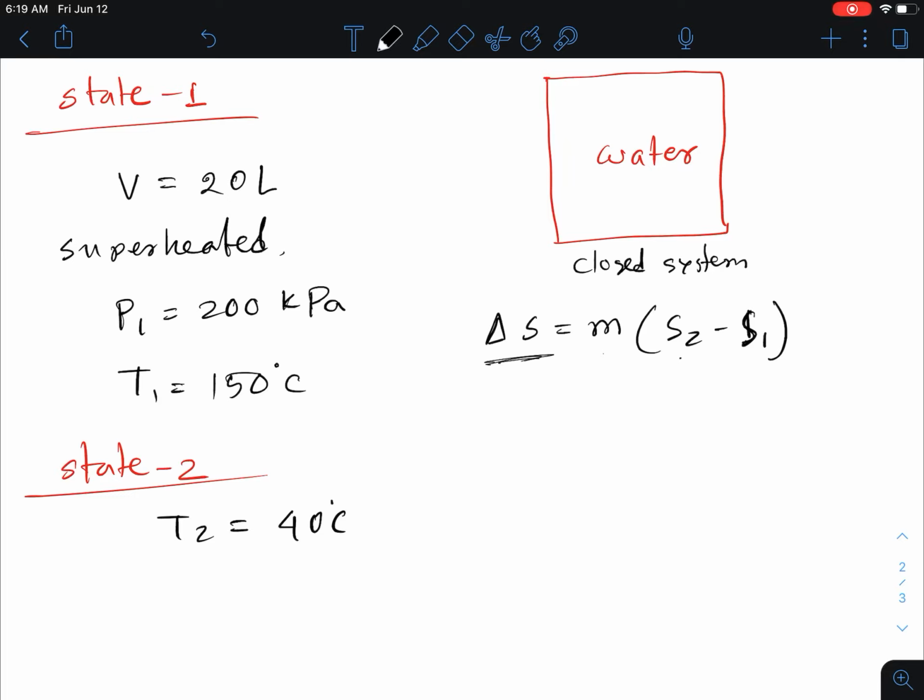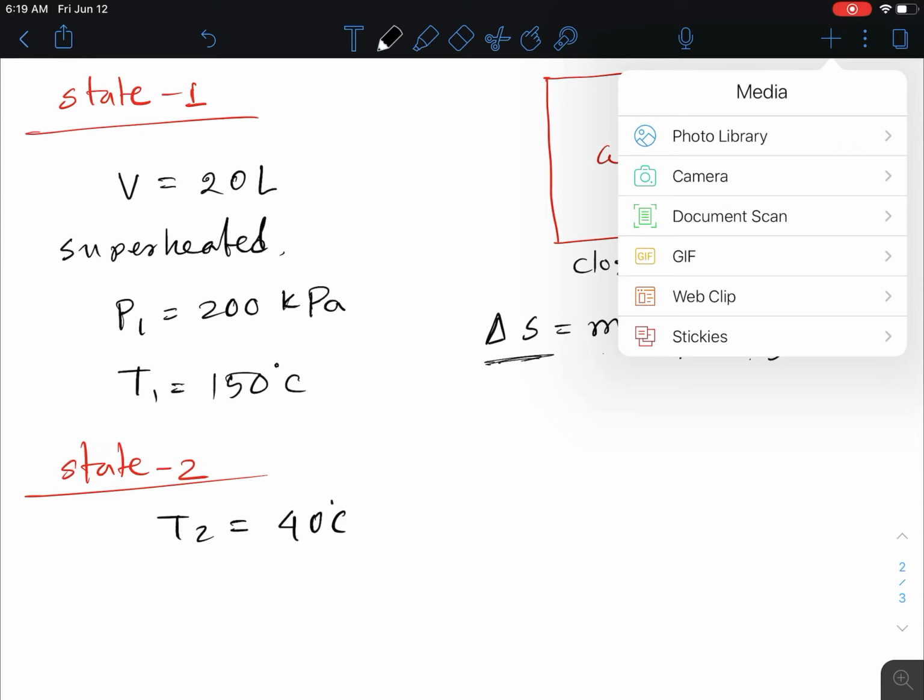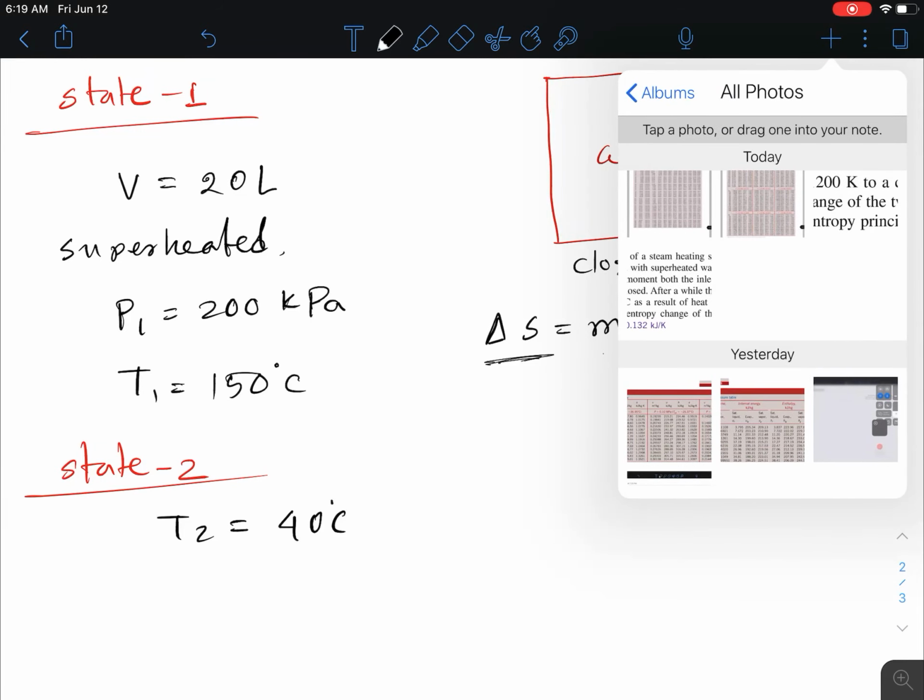So let's go ahead and use the thermodynamic property table, how we can utilize this information to get those values. For state 1 we need to have the entropy value, right? This S1. To get this entropy and other related information, let's use table A6, because table A6 is nothing but superheated steam. So I already have those tables here.